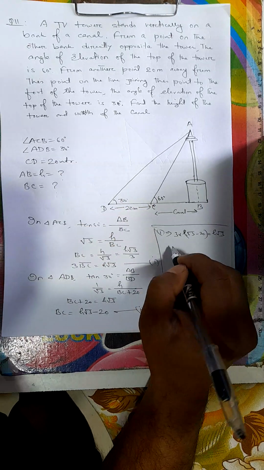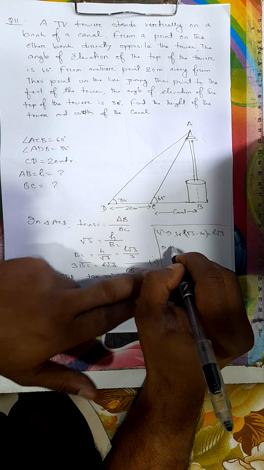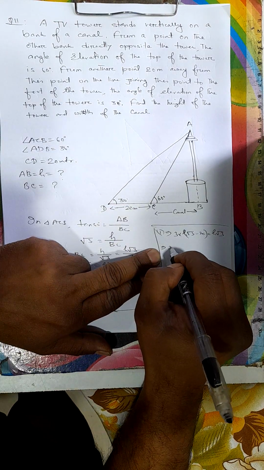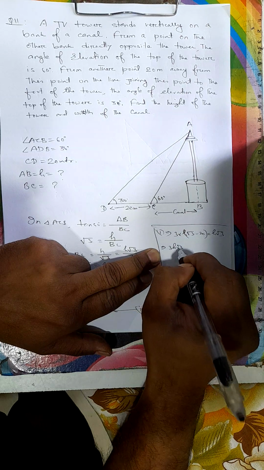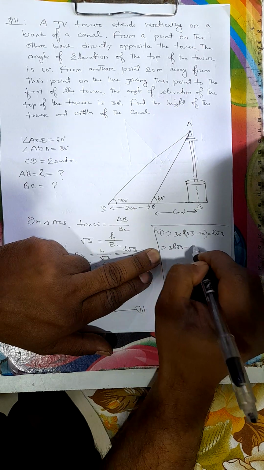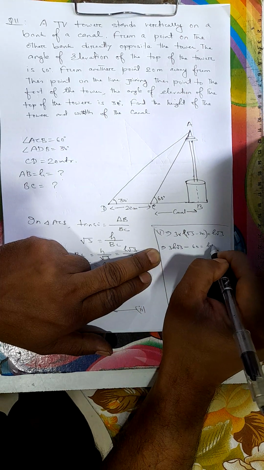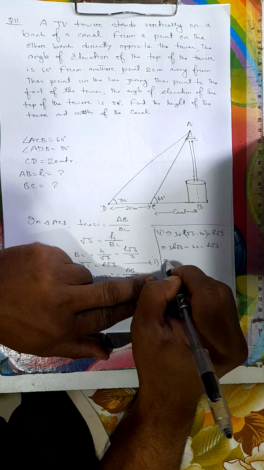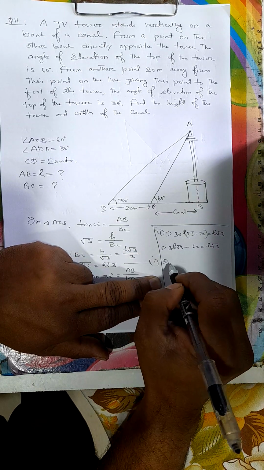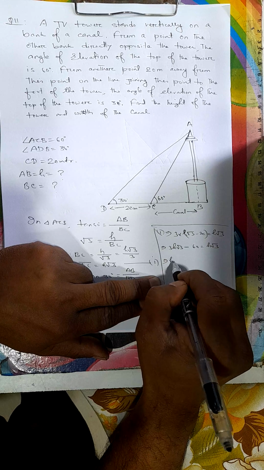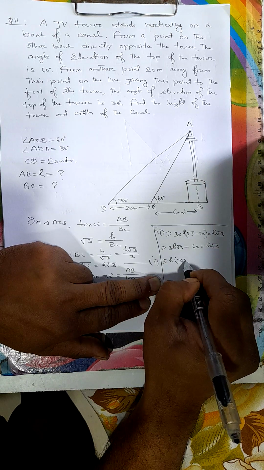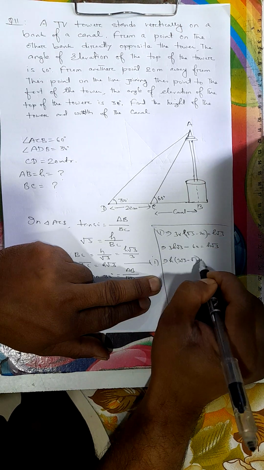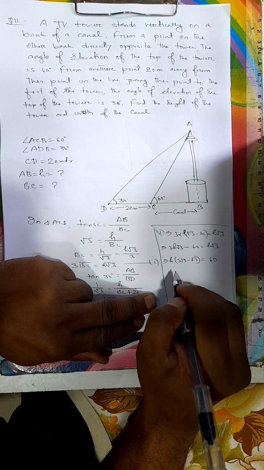So let us simplify this. 3 times H square root of 3 minus 60 equals H square root of 3. Let us simplify this. If you take H common, 3 root 3 minus square root of 3 equals 60.